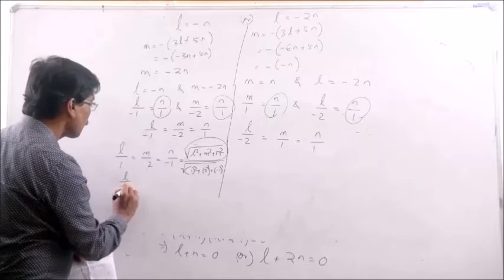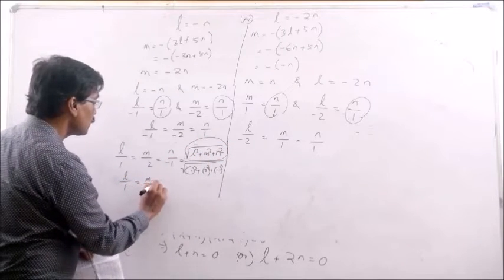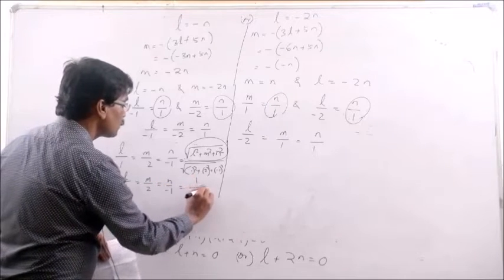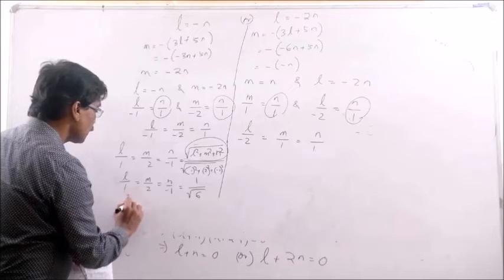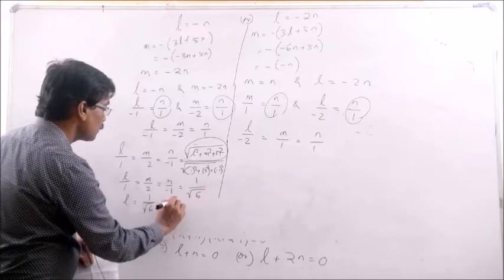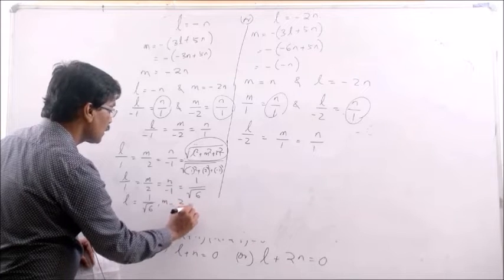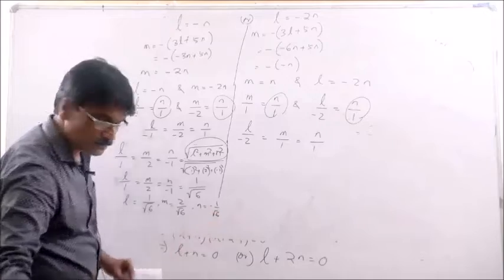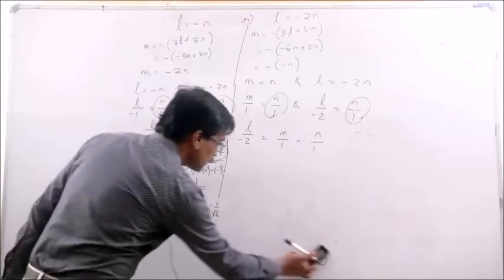So l by 1, m by 2, n by minus 1 is equal to 1 by root 6. So l is equal to 1 by root 6, m is equal to 2 by root 6 and n is equal to minus 1 by root 6.